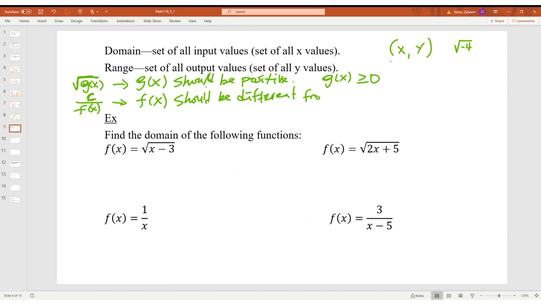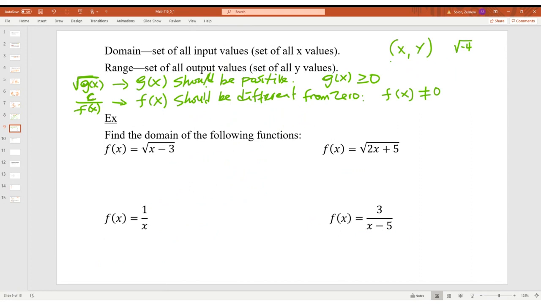Mathematically, we can represent that f of x should be different from 0. So any number that makes f of x equal to 0 should be excluded from the domain. So there are two restrictions.